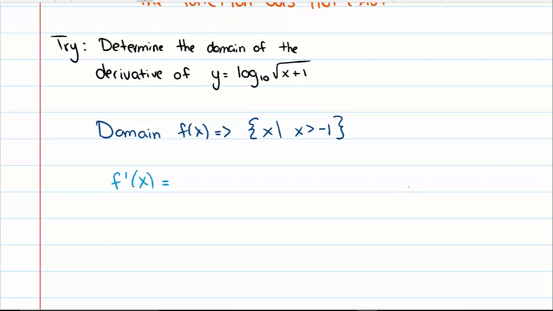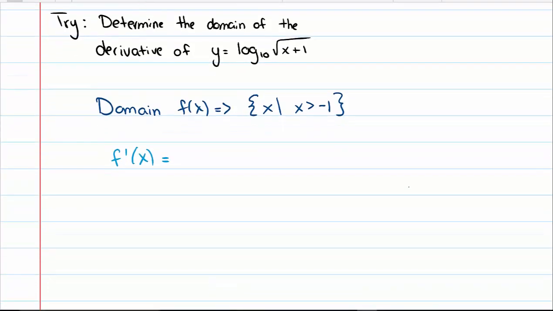Okay, so now let's take the derivative, f prime of x. Now remember, the derivative of a logarithm is 1 divided by whatever the inside piece is. So whatever this is, that's going to go right here: x plus 1 to the 1/2 times ln of the base, ln of 10. But now what we need to do is use the chain rule.